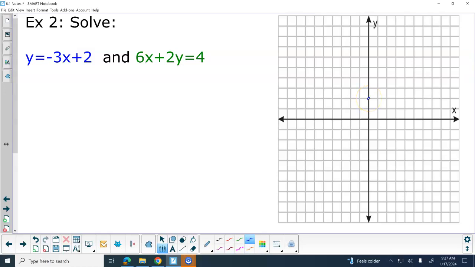Minus 3, so that's really 3 over 1, so that's down 1, 2, and 3, right 1. Or I could go up 1, 2, and 3, left 1, 2, and I'm off the graph.